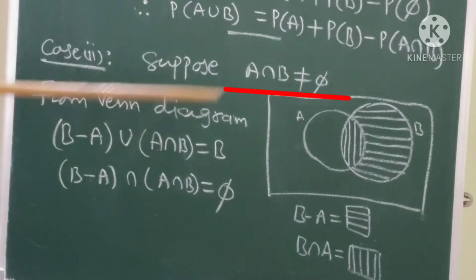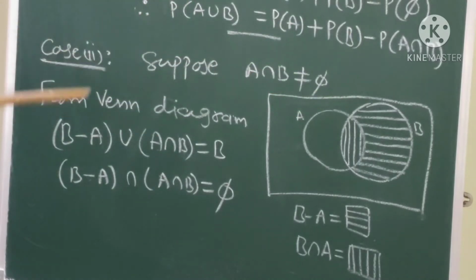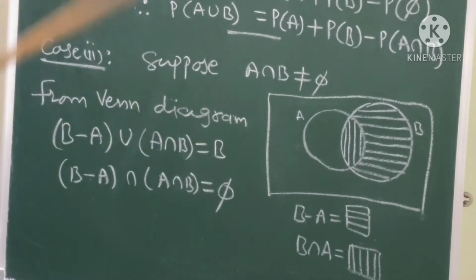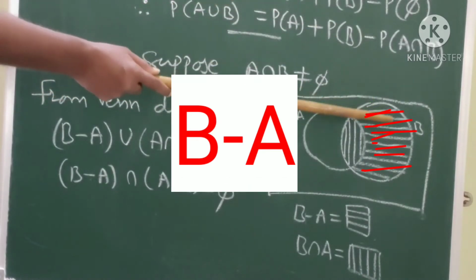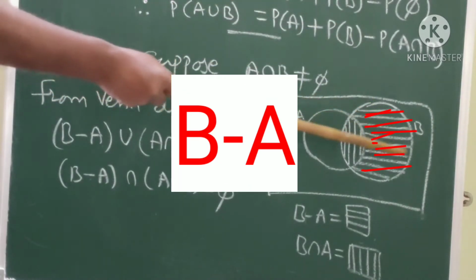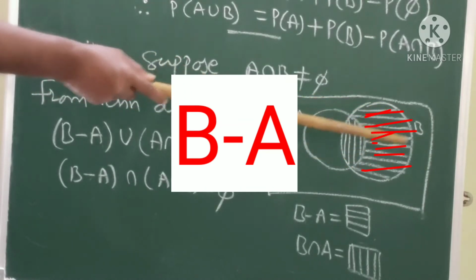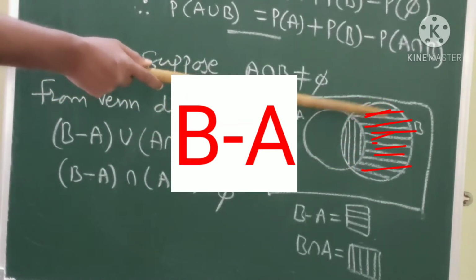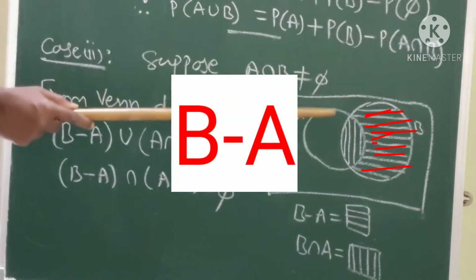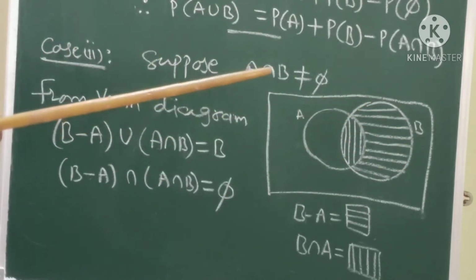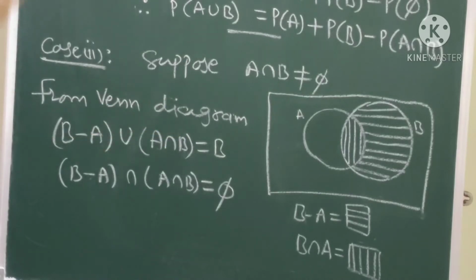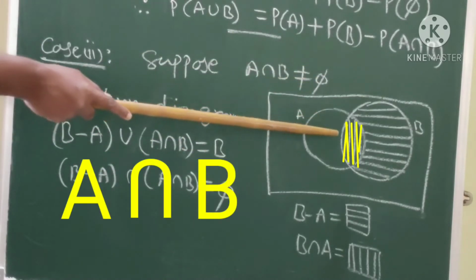From the Venn diagram, B minus A union A intersection B is equal to B. Here what is B minus A? B minus A means the part of the horizontal lines, that is, the elements which lie in B but do not lie in A. Here B minus A is the horizontal lines, union A intersection B. What is the A intersection B part?